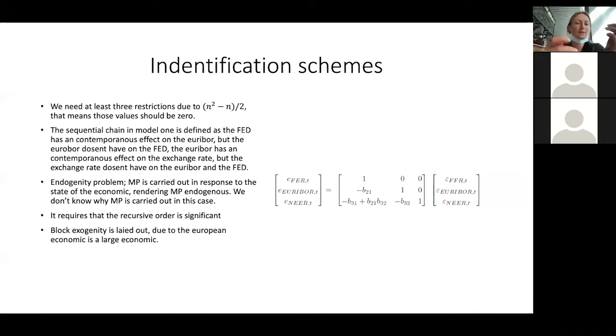The first case, the sequential chain model, is defined as the Fed funds rate having a contemporaneous effect on the Euribor, but the Euribor doesn't have one on the Fed funds rate. And the Euribor has a contemporaneous effect on the exchange rate, but the exchange rate doesn't have one on the Euribor and the Fed funds rate.